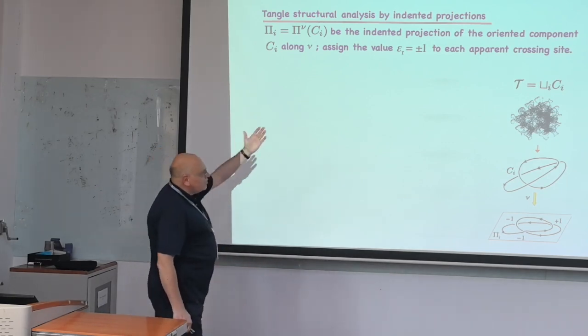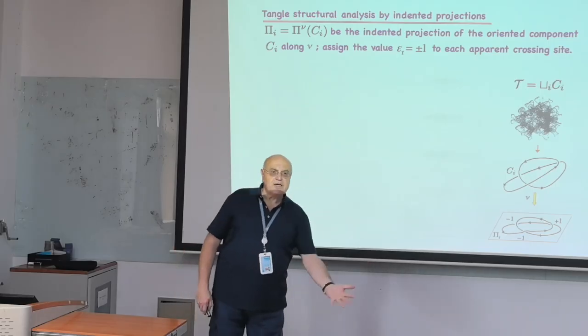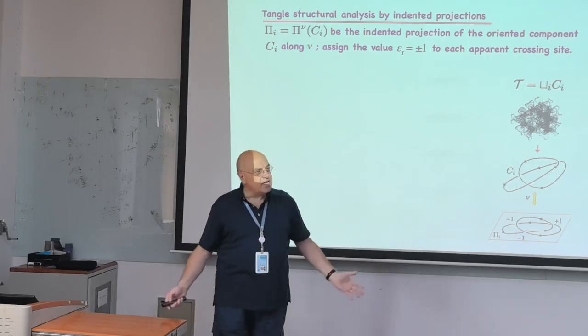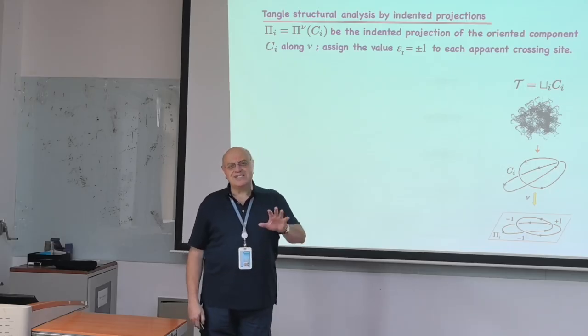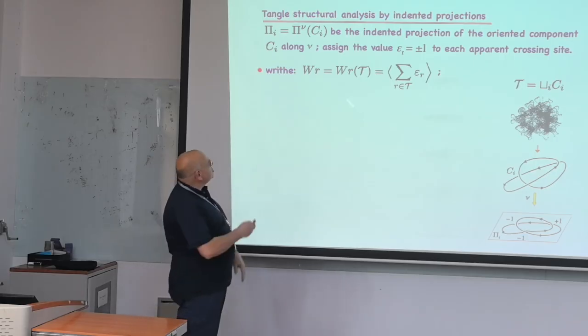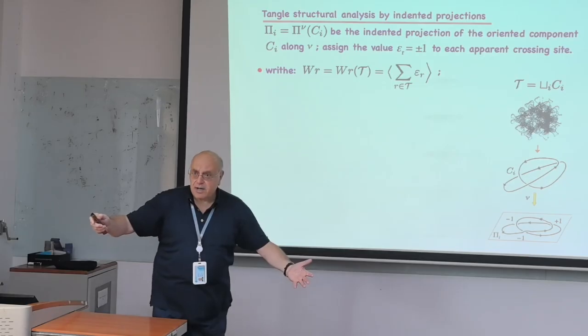So the idea is, we take a projection, and then another projection, and then other projections, not infinitely many, you don't have that time in life, but a few good projections. How to choose the projections is a technical bit, but I'll show you. And we can measure the writhe by counting on average over all possible projections.